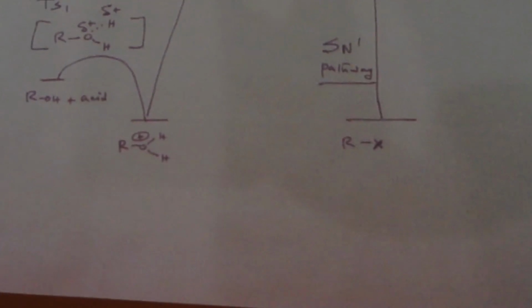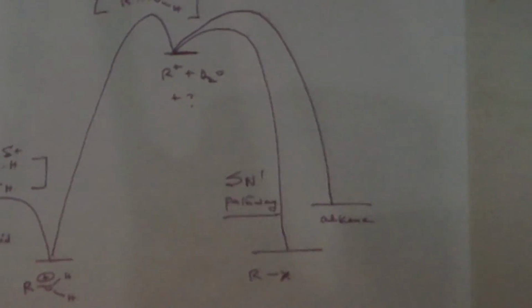The fundamental difference is that in the absence of a good nucleophile, such as X minus, what it would have, which is slightly higher energy, it can undergo elimination to an alkene. Okay. Depending on the R. And in this case, I'm assuming that R is secondary or tertiary.